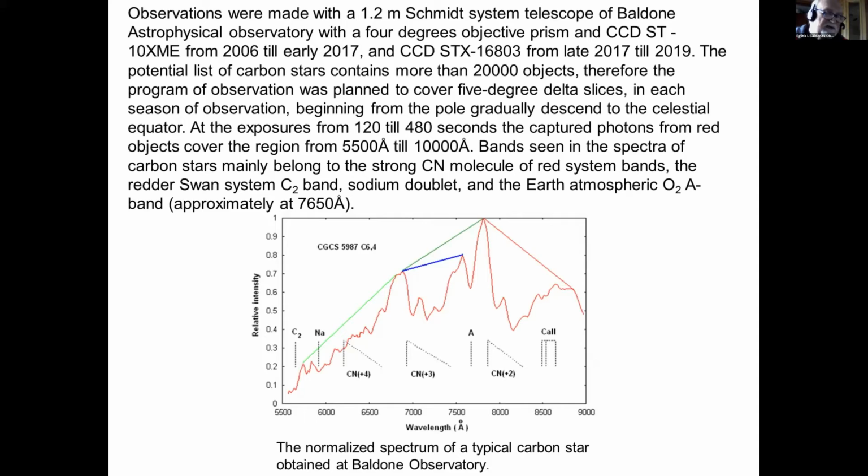For carbon stars, the Cyan and Swan carbon molecules have stronger band heads which we can see in the spectrum of carbon stars. This is a typical detail which allows carbon stars to be selected from the M giant stars.